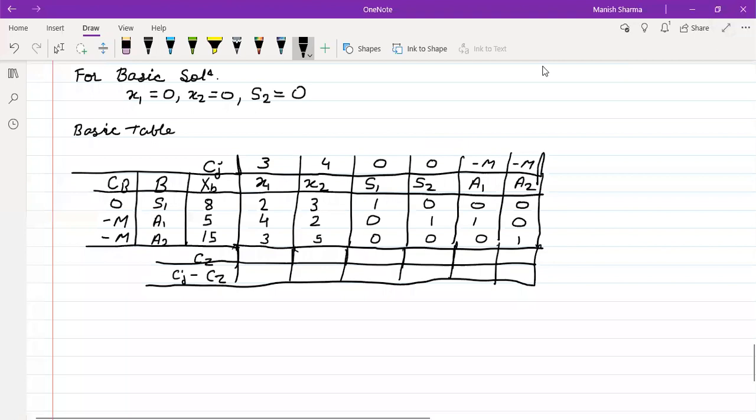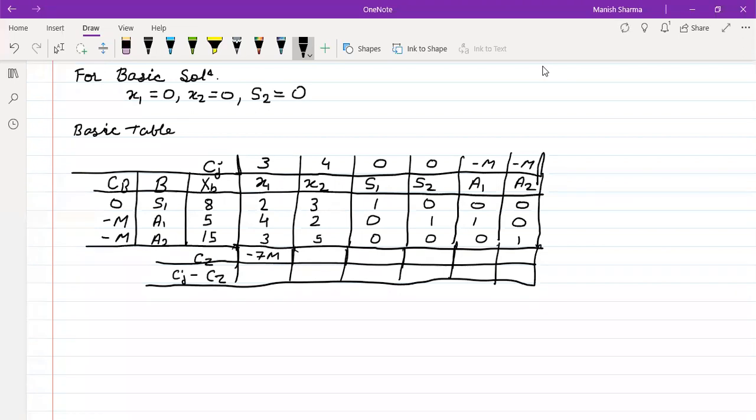So we are going to calculate this. This will be equal to 0 into 2 is 0. 4 into minus M is minus 4M. 3 into minus M is minus 3M. So this will become minus 7M, isn't it?